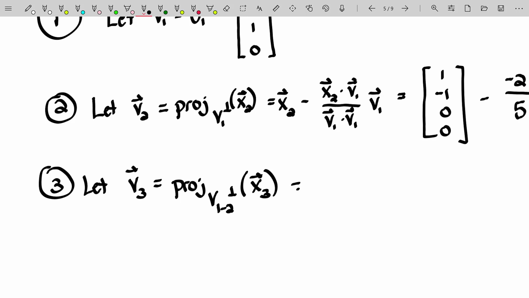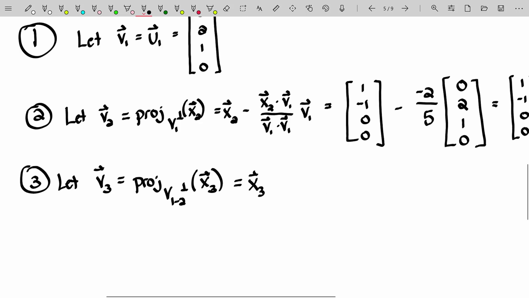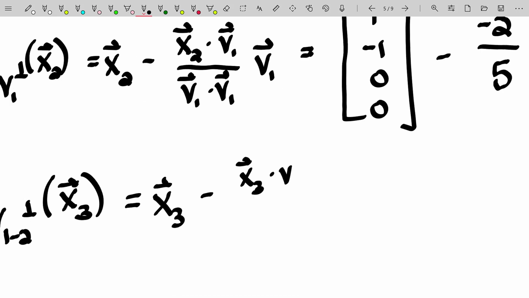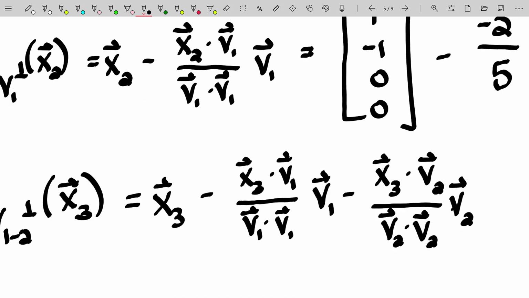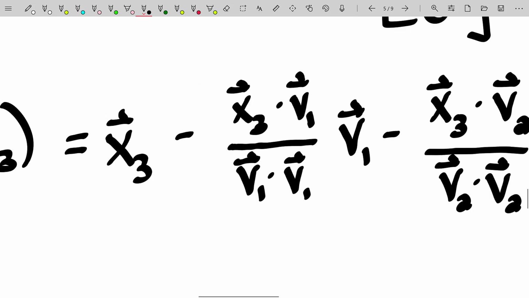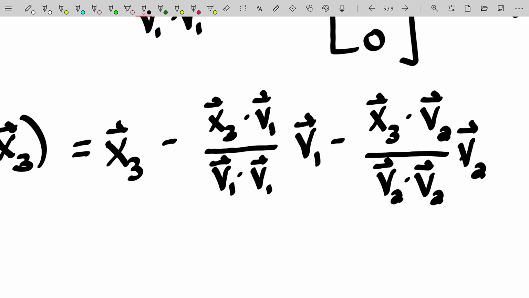And that's just going to look like this. You start with x sub 3 and then you subtract off the orthogonal projections onto each of those individual subspaces of x sub 3. So we have x sub 3 minus the shadow of x sub 3 onto v sub 1 minus the shadow of x sub 3 onto the vector space spanned by v sub 2.